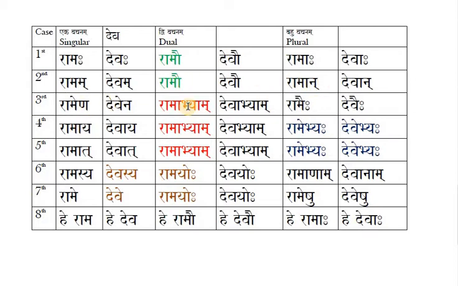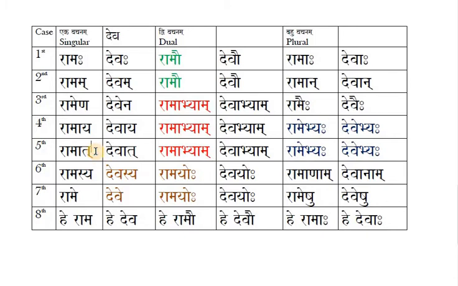Ramena, by one Ram; Ramabhyam. What is the dual of the third case? These are the cases: first, second, third. Third case dual is Ramabhyam, by two Rams; Ramaihi, by many Rams. Fourth case is Ramaya for one Ram, Ramabhyam for two Rams, and Ramebhyaha for many Rams.